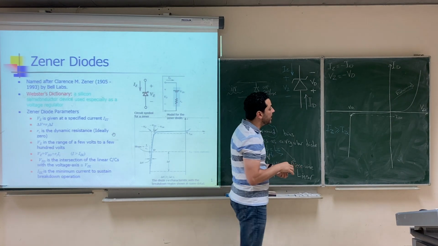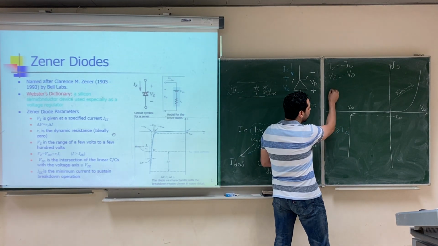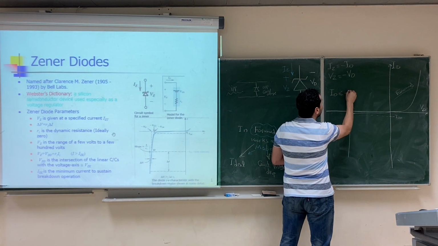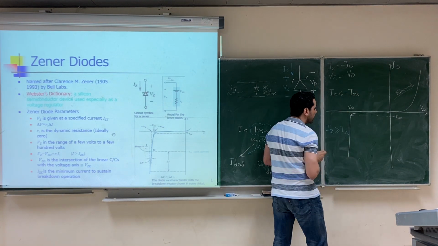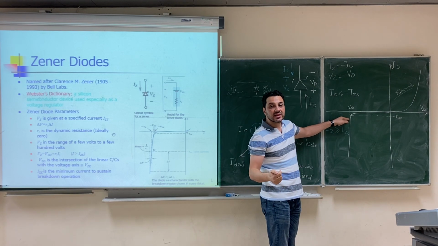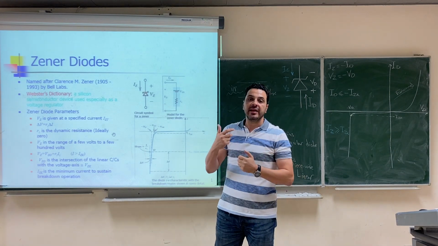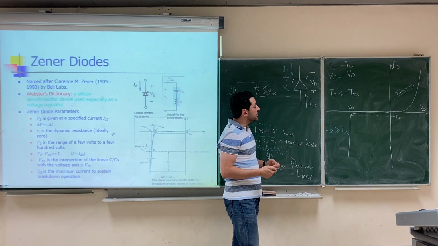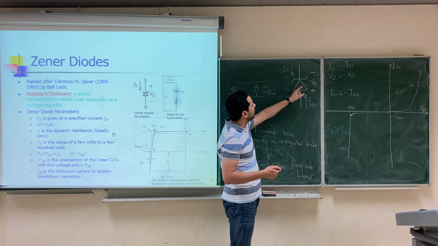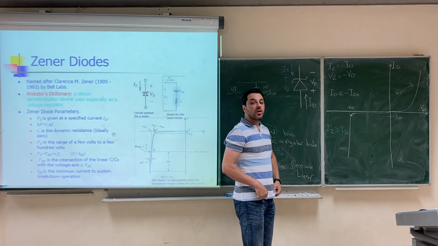This is instead of dealing with negative values, instead of saying that for breakdown to happen, we need I diode to be less than or equal to negative IZK, right? So instead of using negative signs all the time and getting confused with them, here we define I Zener to be equal to negative I diode and V Zener to be negative V diode, okay? And we deal with all positive values.